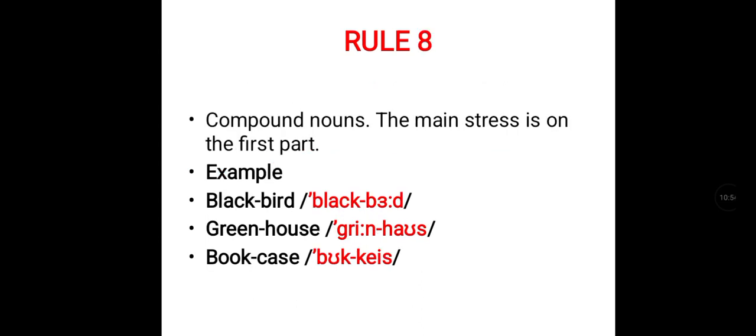Rule number 8. Compound nouns. The main stress is usually on the first part of the compound noun. Examples: blackbird, greenhouse, bookcase. So you see the main stress is on the first part of a compound word.